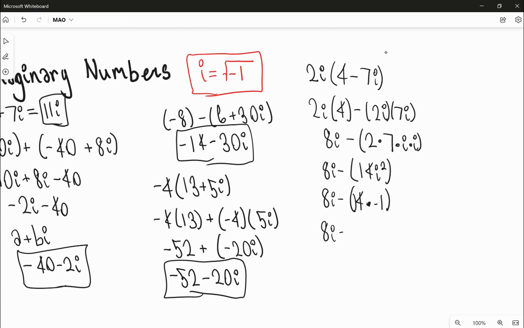Then you get 8i minus -14. So those negatives cancel out, and then you get 8i plus 14. But you want it in convention, so it's 14 plus 8i. And that's your final answer there.